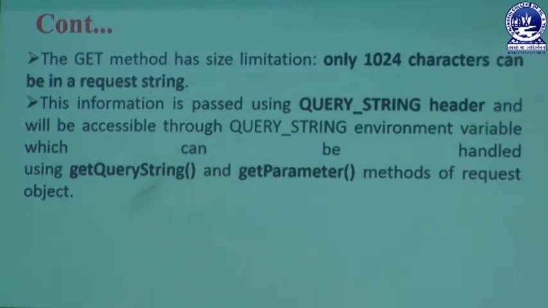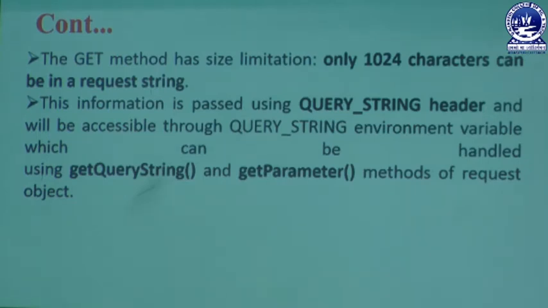So what size can be mentioned here? Only 1024 characters can be in a request string. Whenever we retrieve any information from the backend or server, we only extract characters that lie within 1024 characters of the server string.